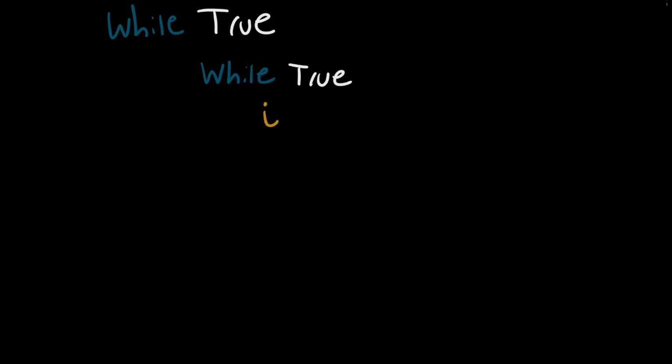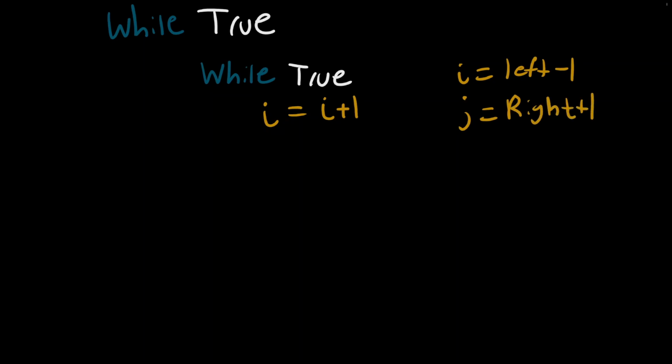While true, we're going to say i is equal to i plus 1. Initially we set i to be equal to left minus 1, and j to be equal to right plus 1, and we're going to see why we did this.